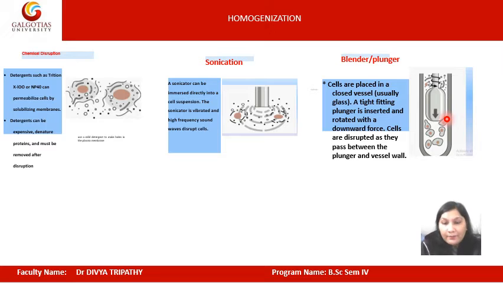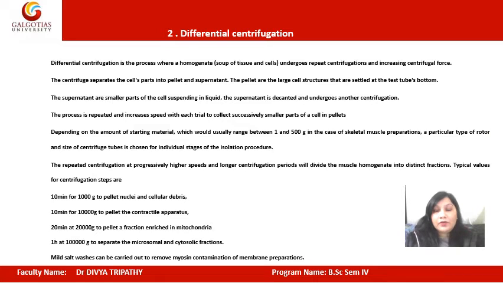Now, the next step of cell fractionation will be centrifugation. The next step is differential centrifugation. If you remember, we have learned differential centrifugation, in which we understood that this process involves the separation of bioparticles on the basis of their different size.